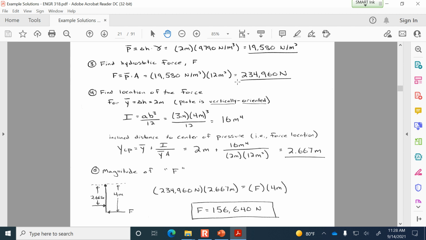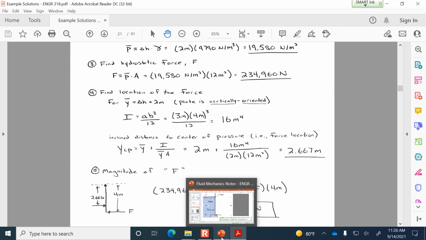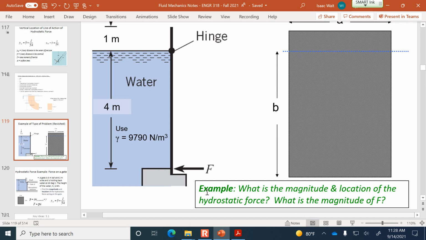Now, let's go back to the example briefly, because there's one more part of this. There's a moment analysis that we have to do.